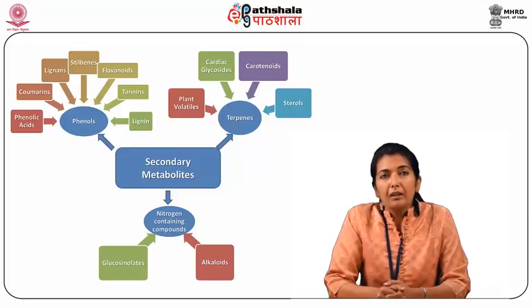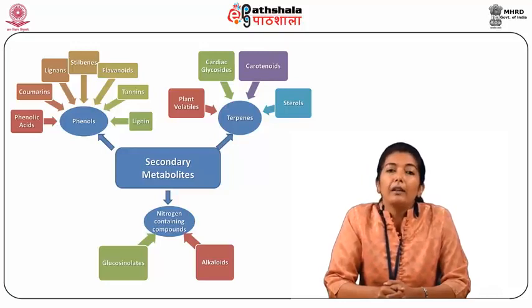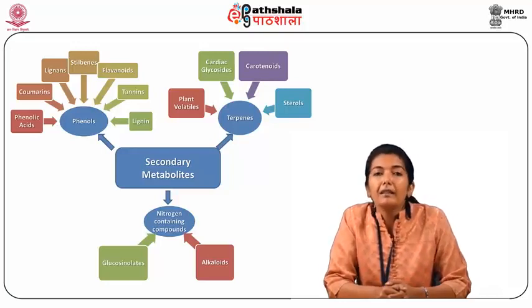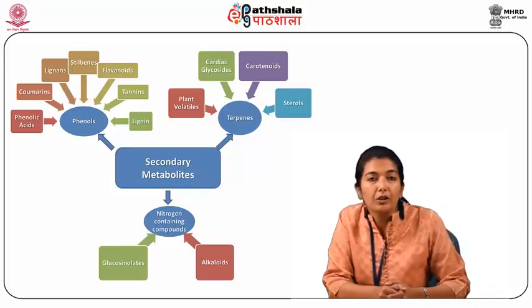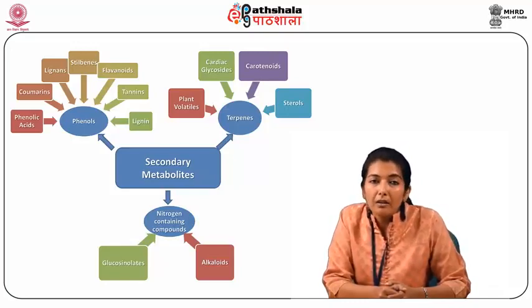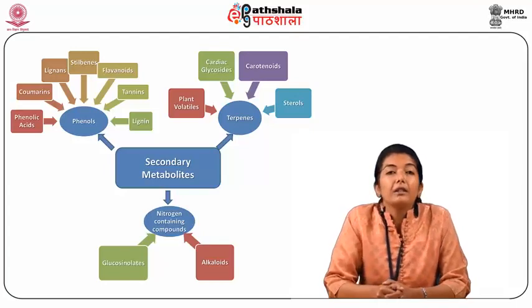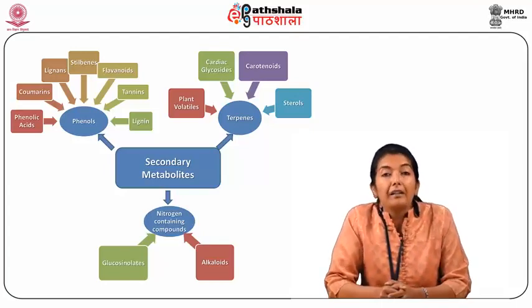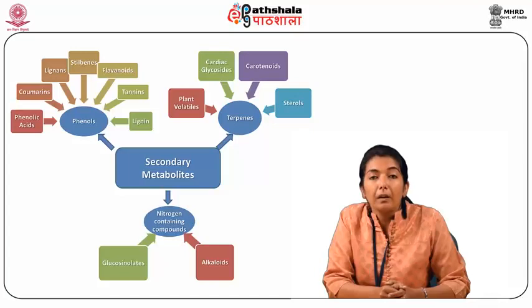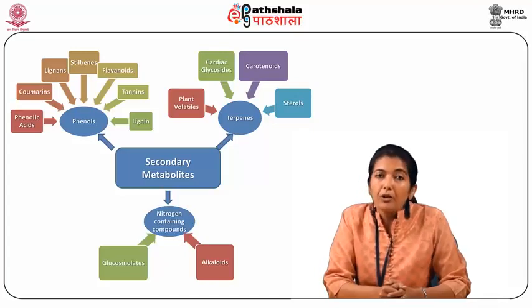Now, just to brush up your knowledge, the secondary metabolites can be broadly categorized into three: phenols, terpenes, and nitrogen-containing compounds. Under each of these categories, there are many biomolecules.